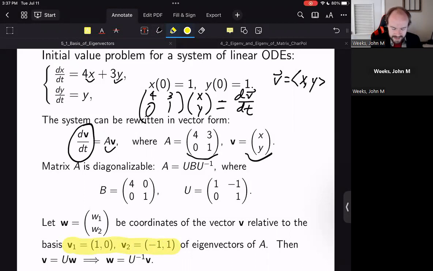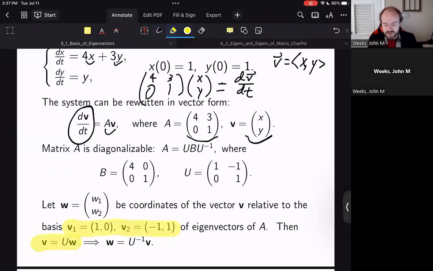Then we can write the vector v in terms of the transition matrix U. Remember, U takes us from the new basis back into the old basis. What that means is that we can take U inverse of both sides and write our old basis elements, v, in terms of w by just applying U inverse here. Okay, so this is going to be part of our change of variables.